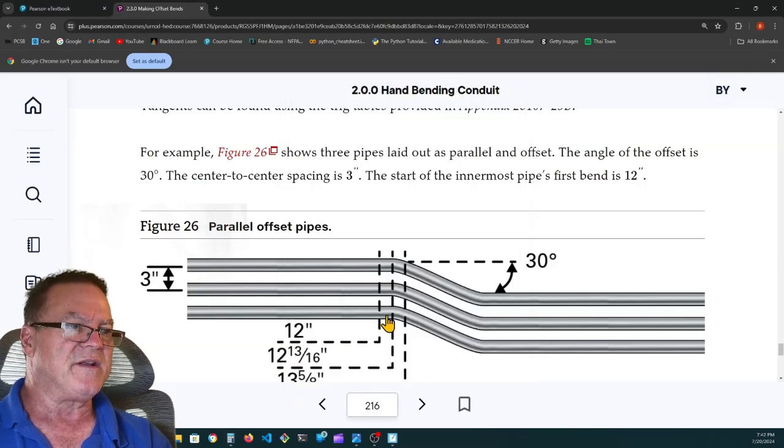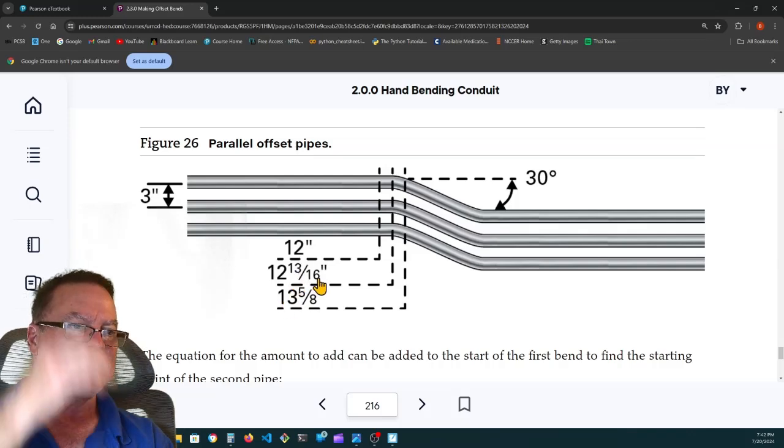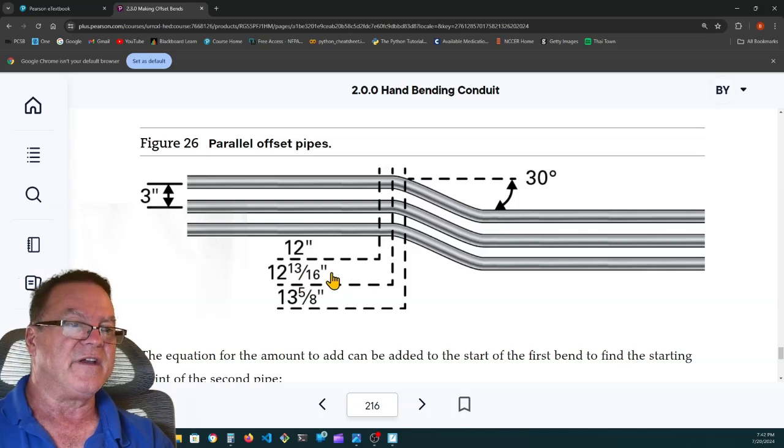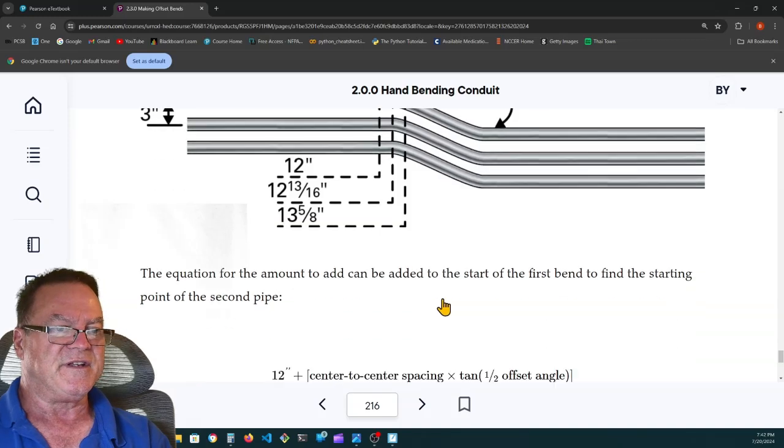So the second bend is going to be started at 12 and 13/16, and the third one is going to be started at 12 plus 26/16, which is an inch and 5/8, so 13 and 5/8. It's double the 13/16.